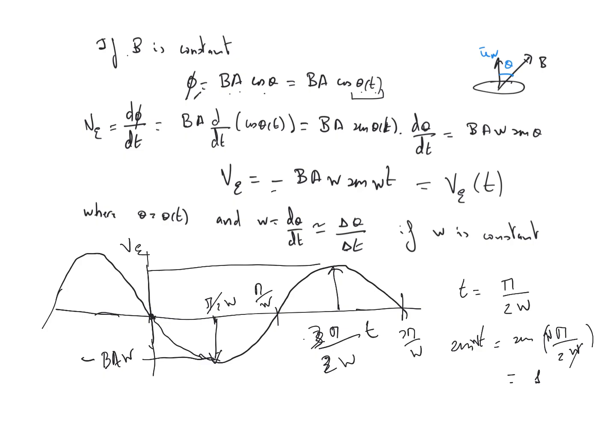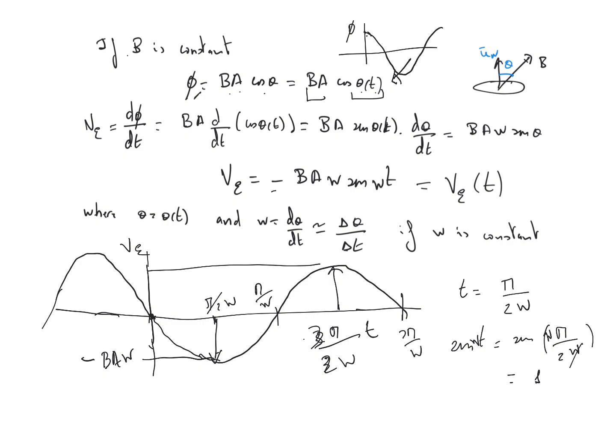So what I said in the previous video was not about epsilon, it was about this function, the flux. The flux as a function of theta goes like B times A times cosine of theta. Cosine of theta is like this.